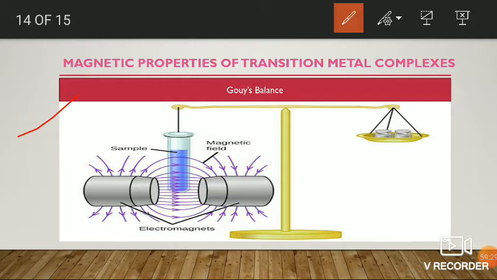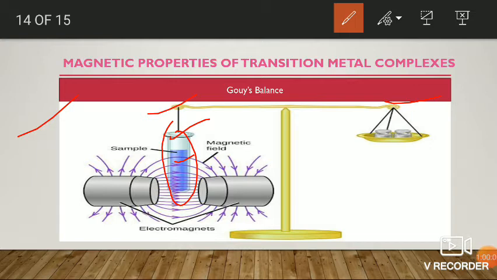It is just like a normal balance with two plates. By removing one of the plates, we hang the sample tube filled with sample. The blue color is the sample.